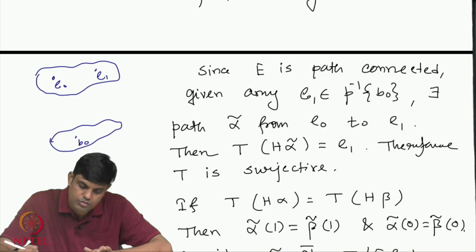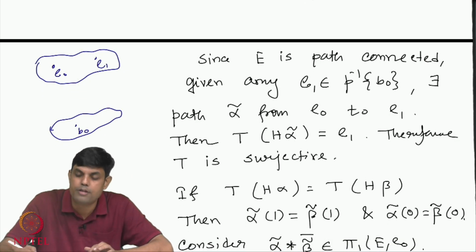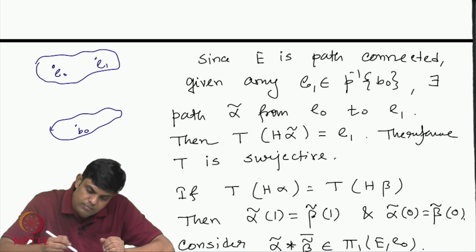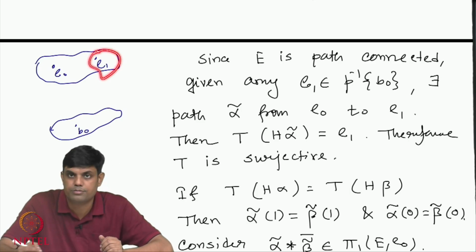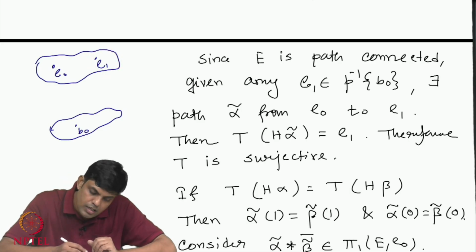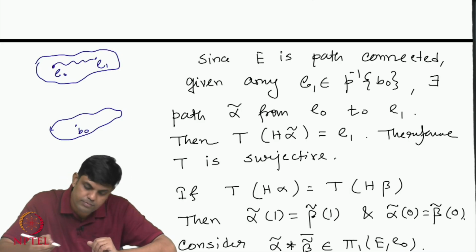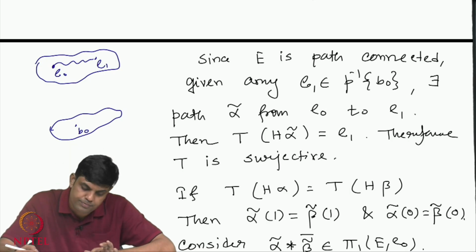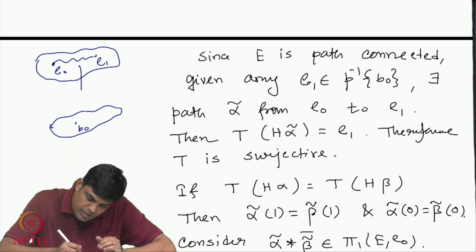In particular, if I take any point E1, which is one of the lifts of B0 in P inverse B0, then because E is path connected, I have a path, and once I project this path here, because both E0 and E1 go to B0, this will form a loop.